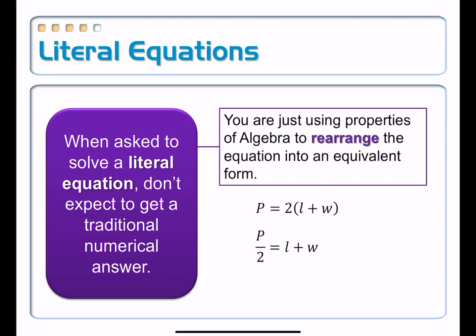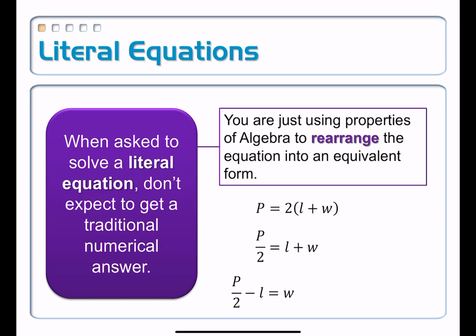Okay, so again, going with the same example, if I wanted to just solve that for W, I have this L that's getting in the way. This L is being added to the W, so to get it onto the other side, I'm going to subtract it from both sides.